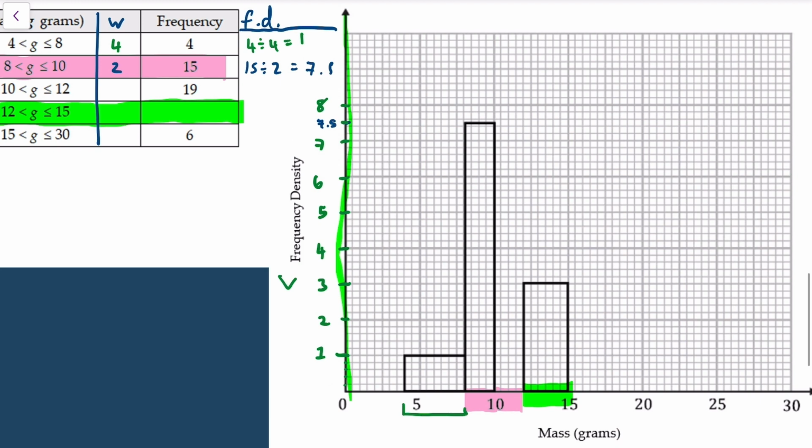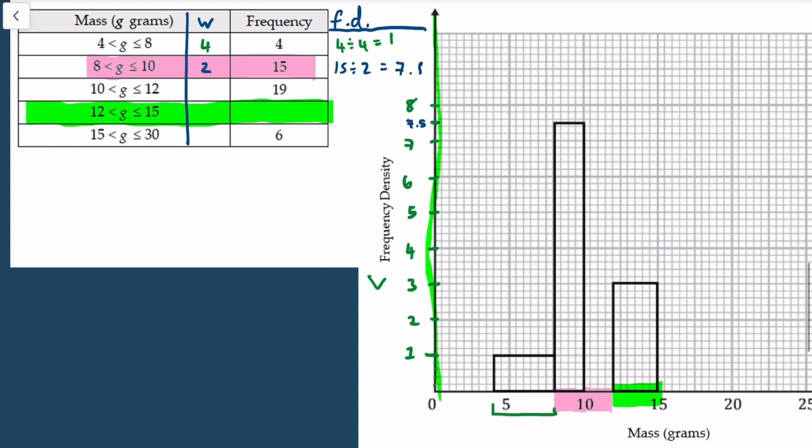Right, so let's go and work out what's missing. Well, in the table, I now know that I need to work out the frequency here. I know this is a class width of 3, and I know that it's got to be x, my frequency, divided by 3, which gives me my frequency density of 3.